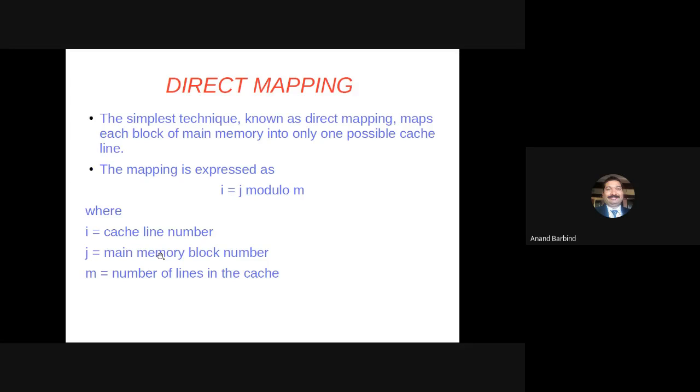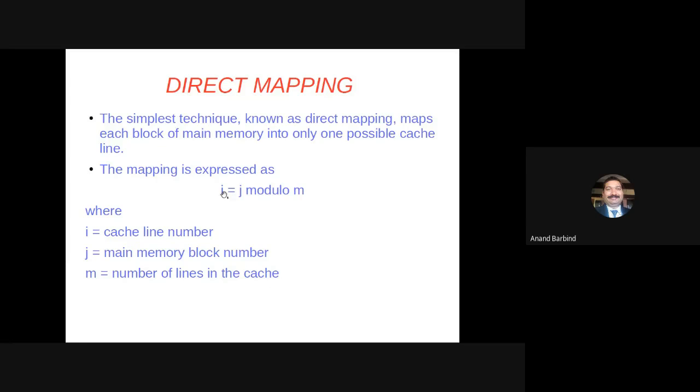If the jth block is to be transferred into the cache, then where it is to be transferred is decided by this formula, i = j modulo m, or j mod m. What is m? m is the number of lines in the cache.